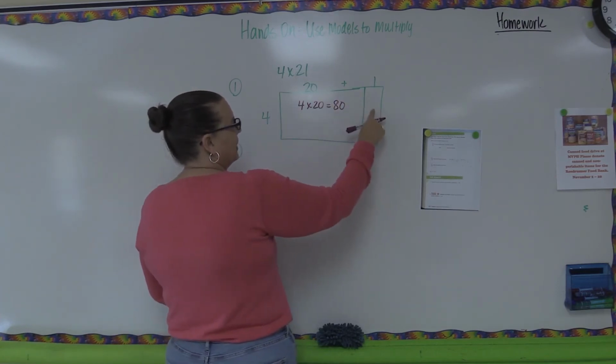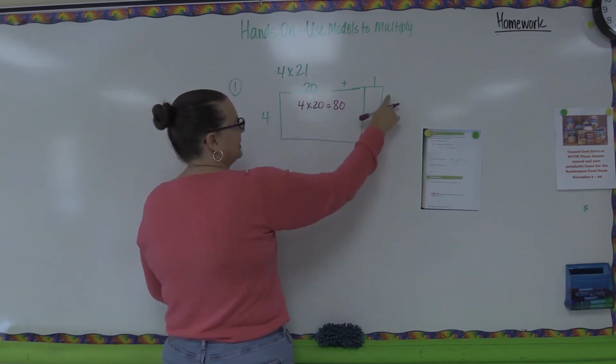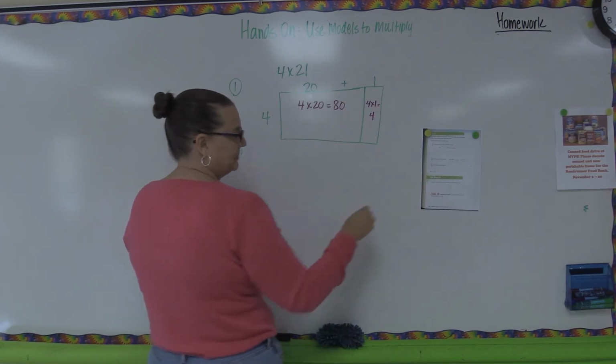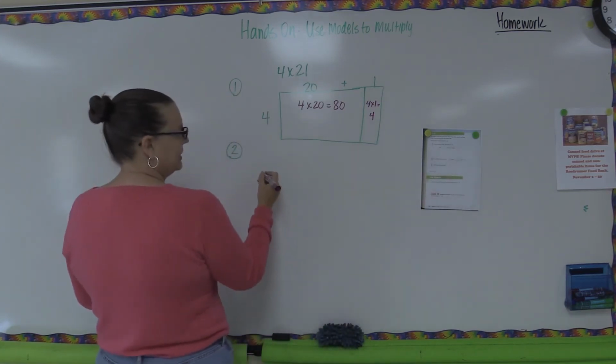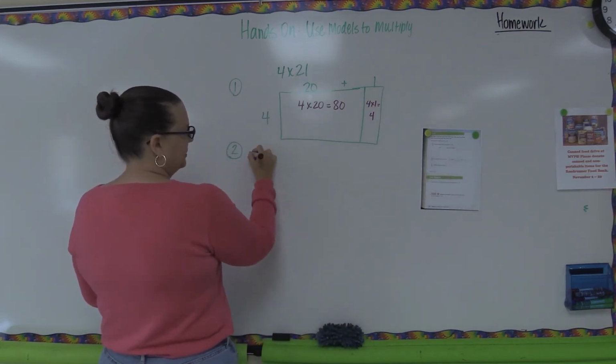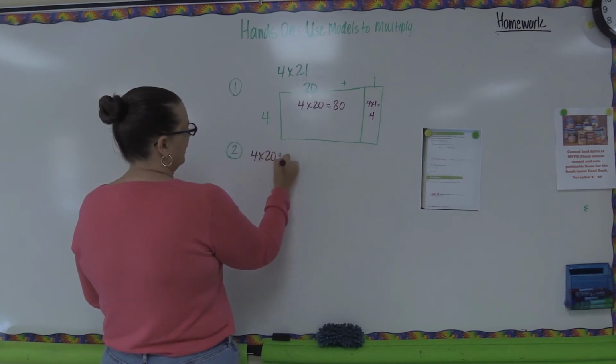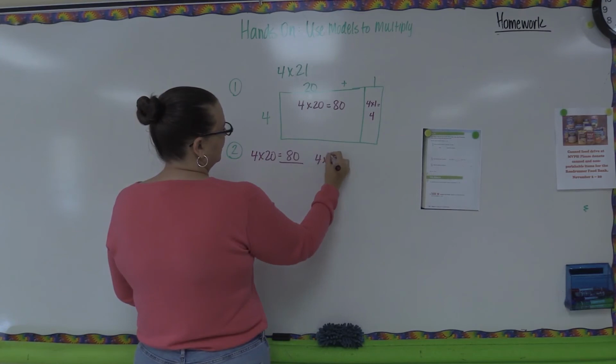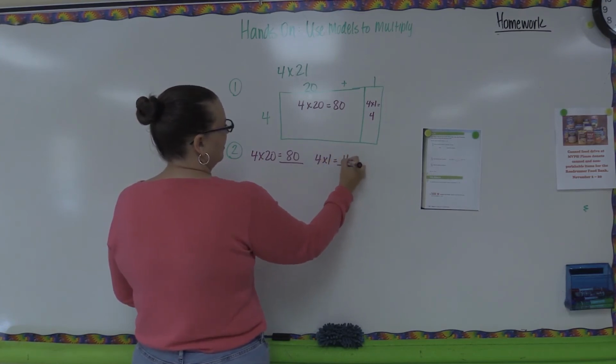And in this box, it's going to be the 4 that's on this side and the 1 at the top. So it would be 4 times 1, which is equal to 4. They're having you drop those down. So for number 2, it said 4 times 20, and we filled in our 80. And the other box was 4 times 1, and we filled in our 4.